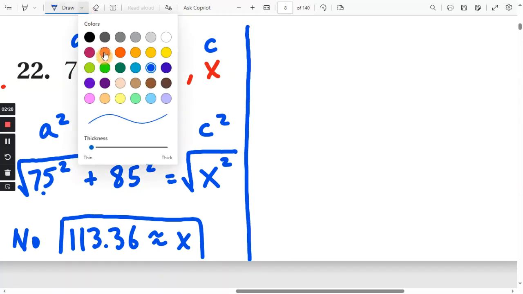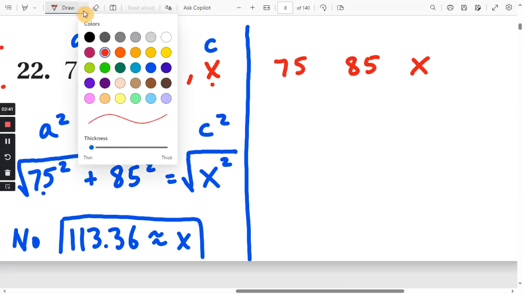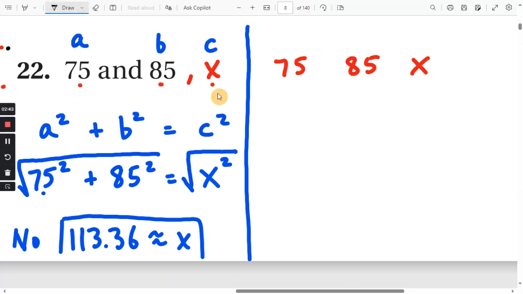Okay, and what I'm going to do, I'm going to rewrite the numbers 75, 85, and X. And now, instead of X being the value for C, I'm going to let 85 be the value for C. Okay, it can't be 75 because C always has to be the longest.